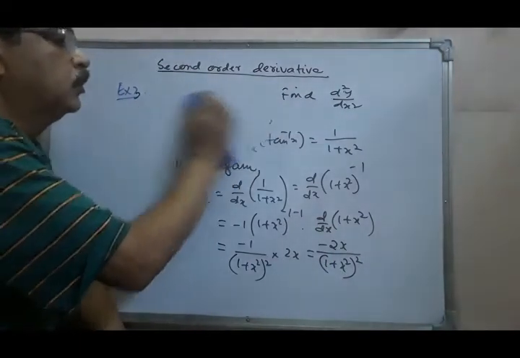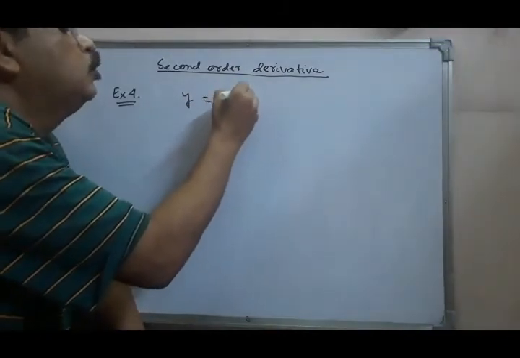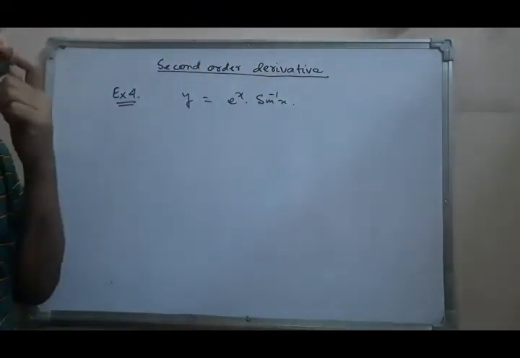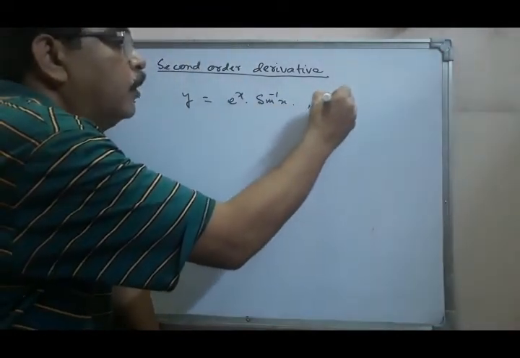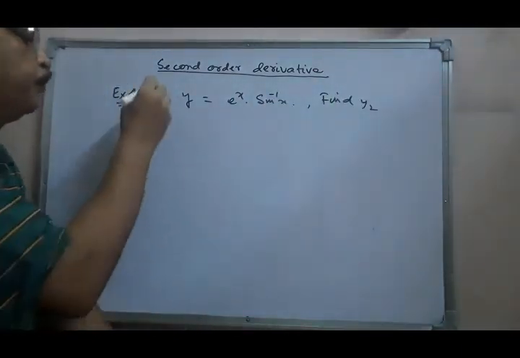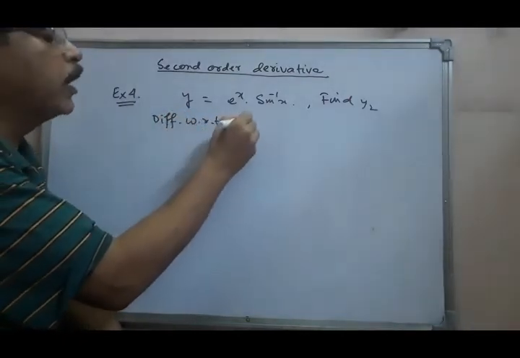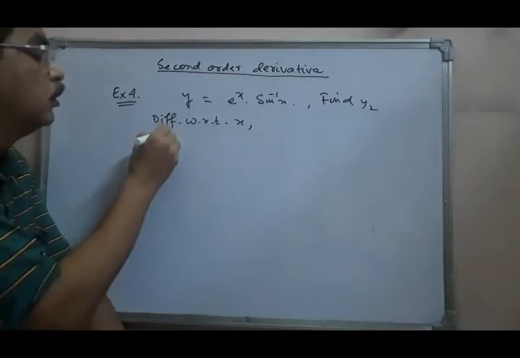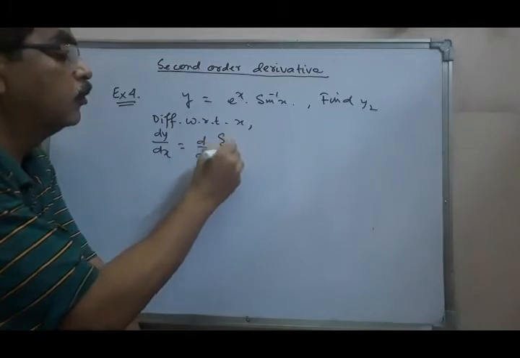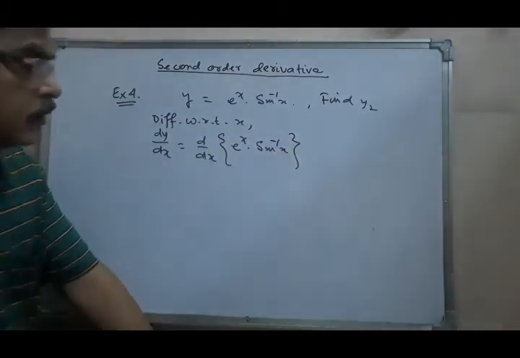Example number 4. y equal to e to the power x into sine inverse x. Find y2. So how to do? So differentiating with respect to x, what will we get? dy by dx equal to d/dx of e to the power x into sine inverse x.